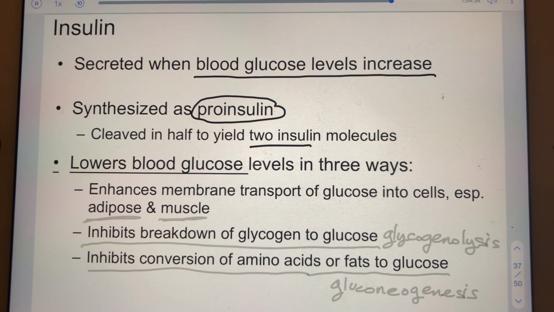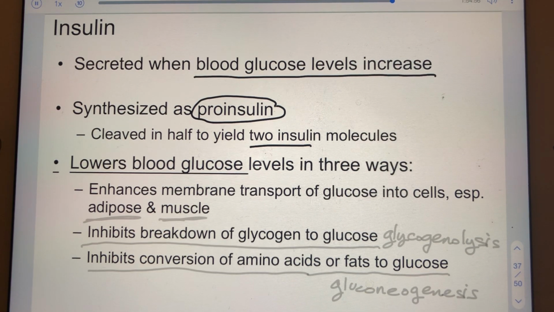Insulin brings about the lowering of blood glucose. And because the ultimate effect of insulin is the opposite of glucagon, many people, including our authors, will describe glucagon and insulin as true antagonists.